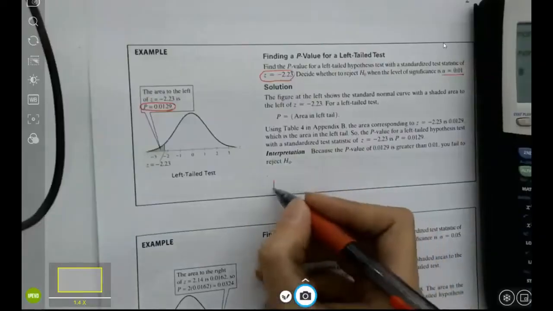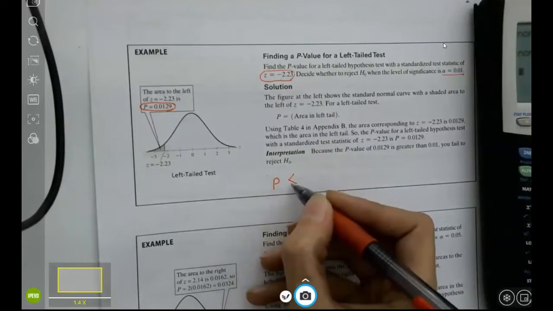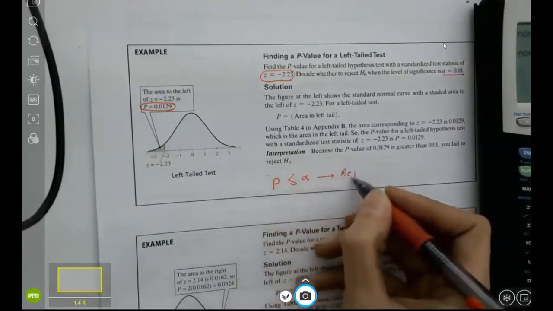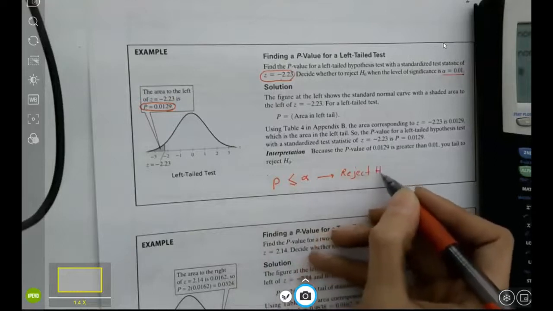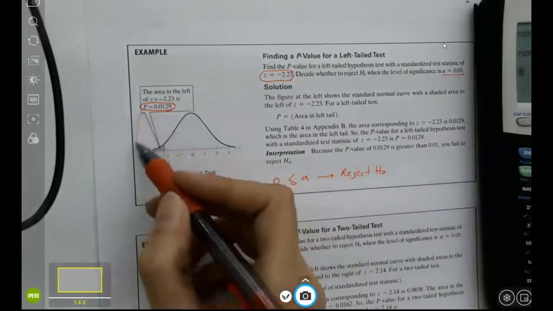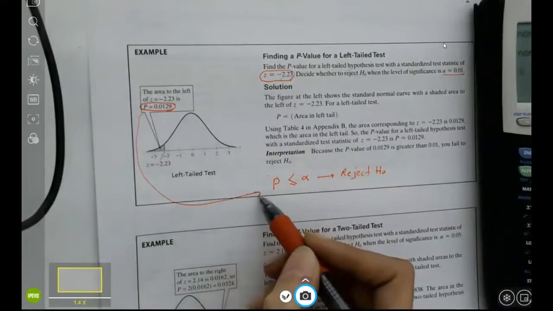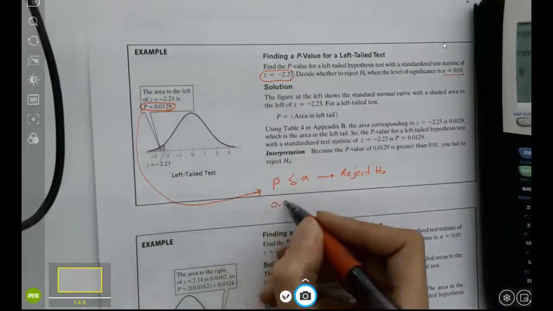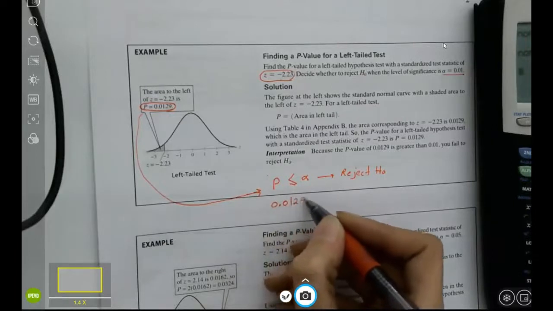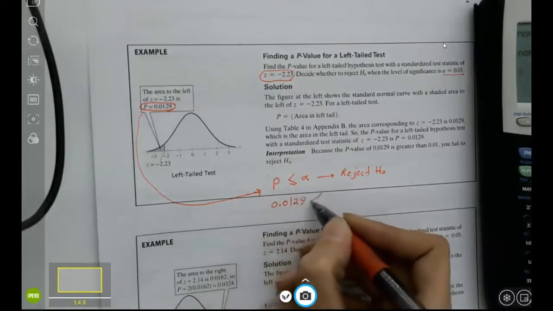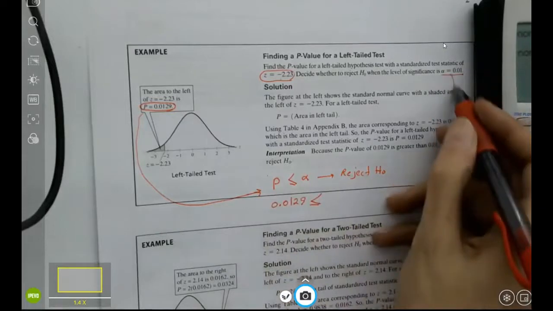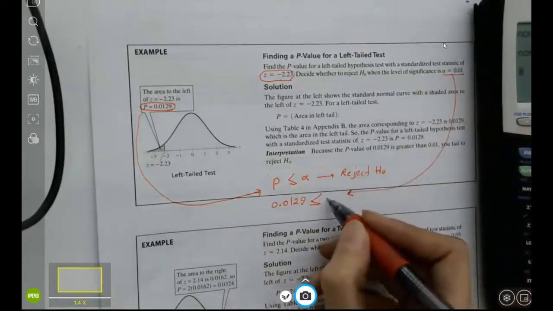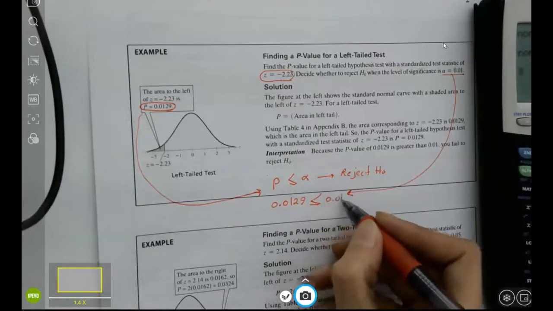If p is less than or equal to alpha, then we reject the null hypothesis. So now that we calculated our p, which is 0.0129, is this less than or equal to alpha? Alpha is just 1%.